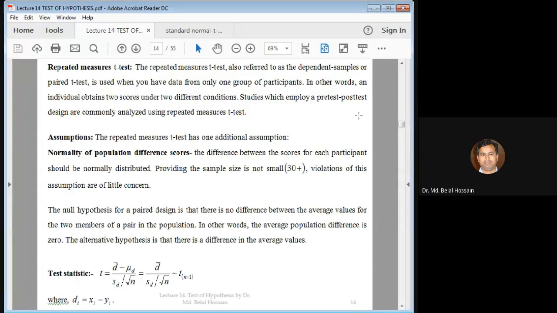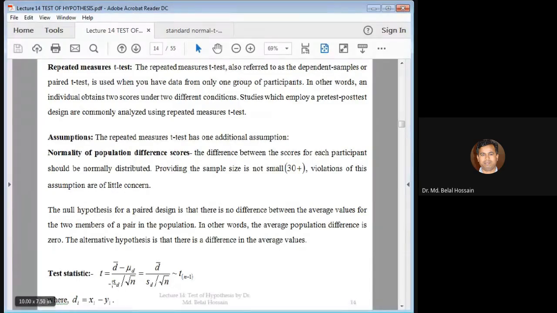So if that mean of D is different from 0, that means the treatment is effective. Okay. So this hypothesis mu D will be given and it will be equal to 0. SD is the sample standard deviation of these differences. So you know how to calculate it. Sample standard deviation.